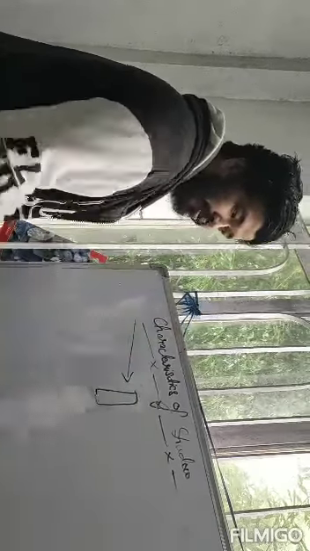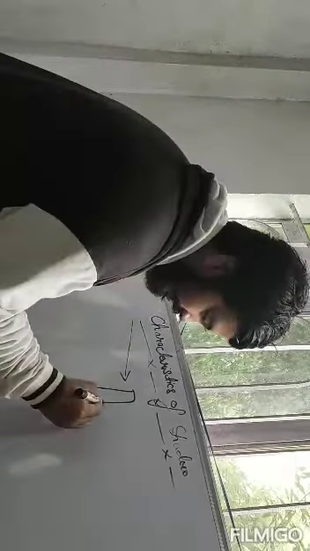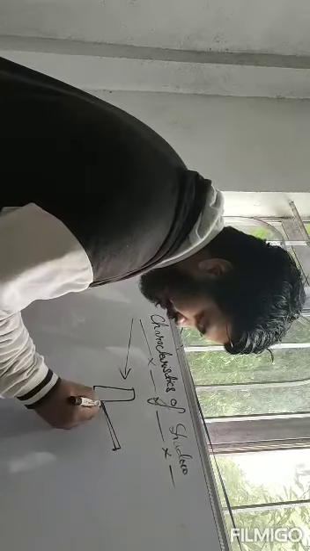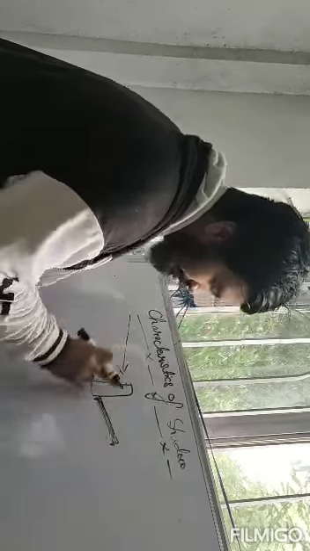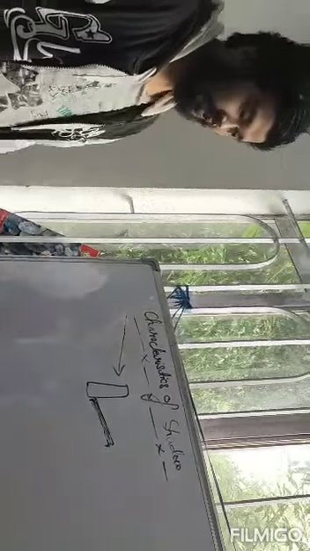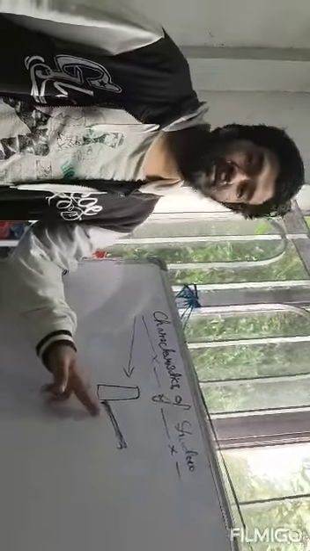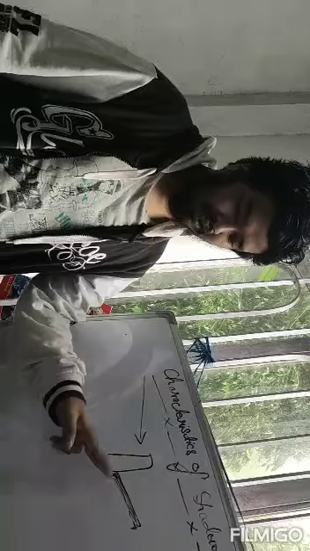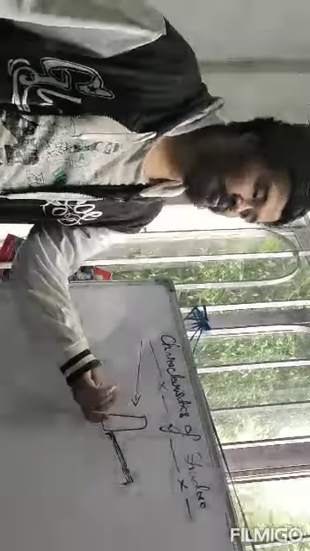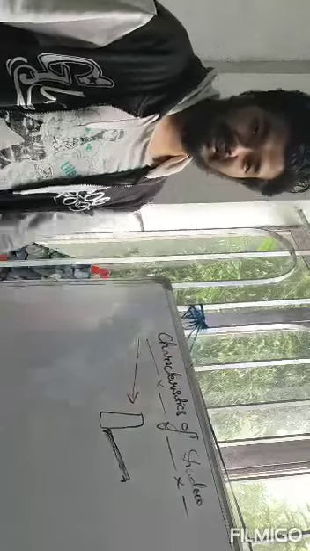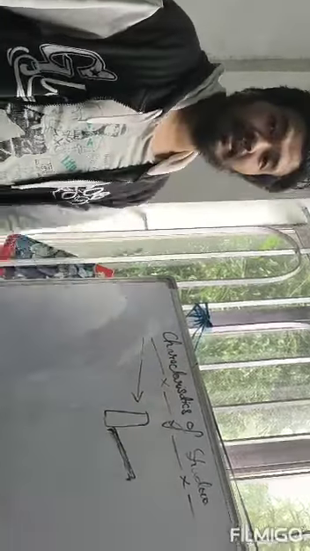We must remember this object must be opaque. Then only will the shadow be formed somewhere here. So shadows are always formed opposite to the direction of the light. Now we need to remember that shadows are always black in color, no matter whatever the color of the object may be. Suppose this object was green in color. The shadow formed will always be black in color.